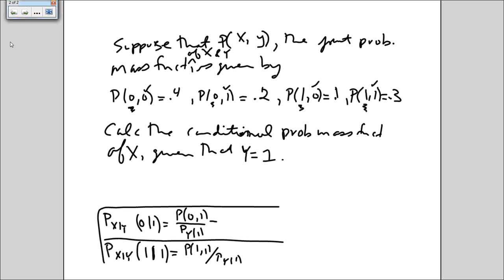In each fraction I know the numerator: P of 0,1 is 0.2 and P of 1,1 is 0.3. What I need to find is the bottom. What is P_Y of 1?